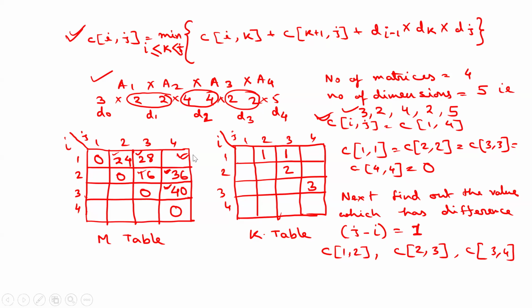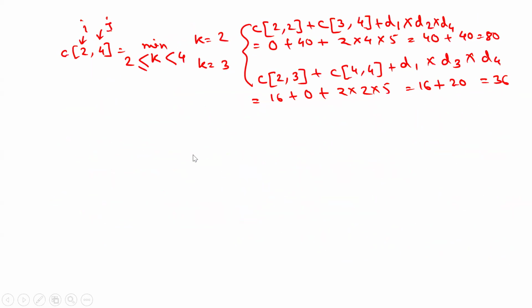Then the final one we will calculate where j minus i equals 3. That is 1, 4. Again, the same way we calculate k greater than or equal to i, that is 1, and less than j, that is 4. So here the k values are k1, k2, and k3.